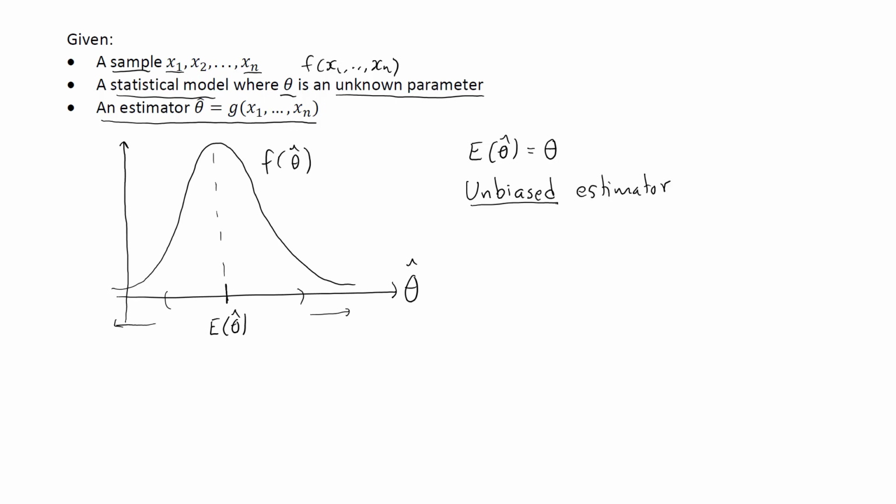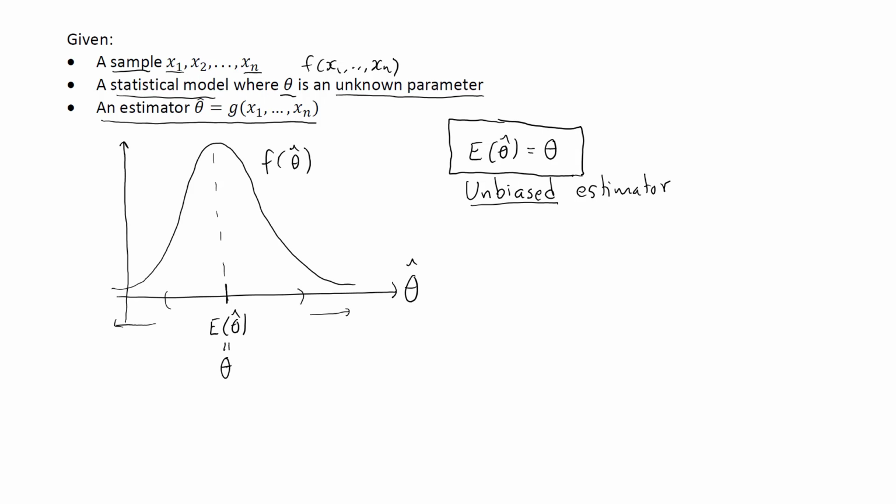So the definition of an unbiased estimator is that the expected value of the estimator should be equal to the parameter that we are attempting to estimate. Since we are using estimators to draw inference about unknown parameters, being unbiased is a nice property. In terms of the picture, my estimator is unbiased if theta is the expected value.